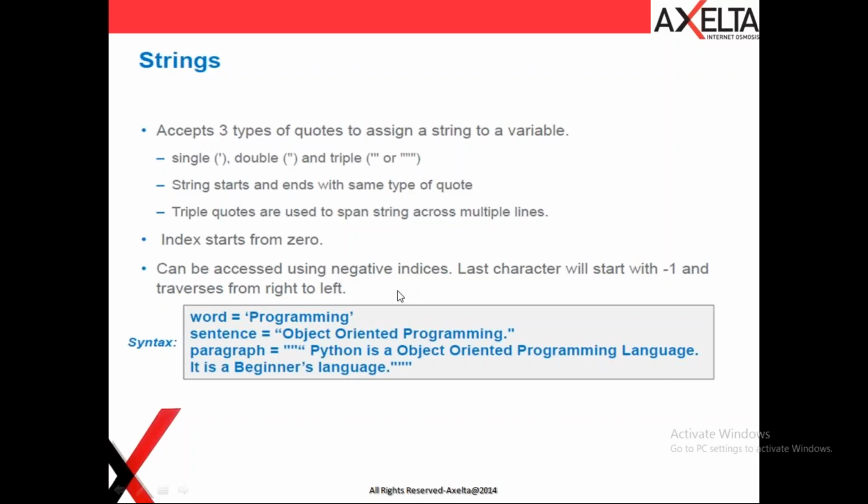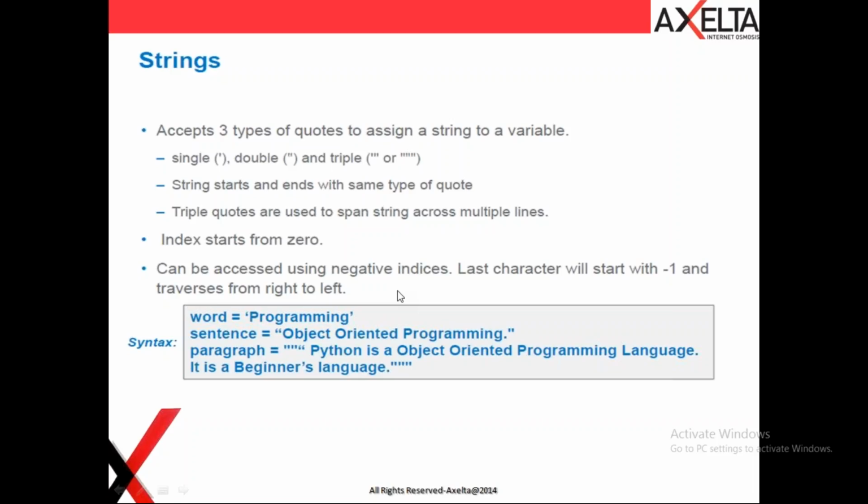And you can also access the elements from a negative index. Negative index will start with -1. You can traverse from left to right. If you are accessing the strings from left to right, we use 0 as an index.